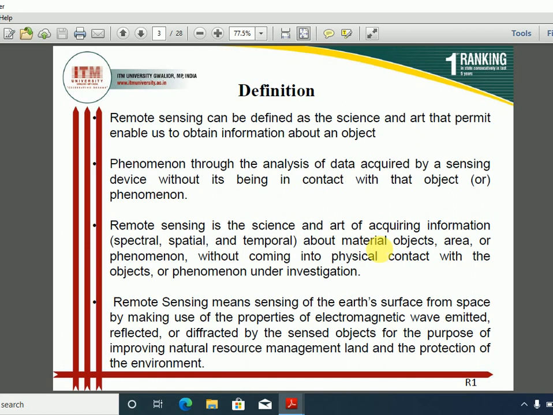Means each and every object on the earth's surface has a specific feature, a specific resolution, a specific signature for itself. So the remote sensing technique basically traces its specific signature, a specific characteristic for which it is very well known. In the remote sensing technique, the electromagnetic rays or electromagnetic waves are captured, and they help us to interpret the object or the particular situation.